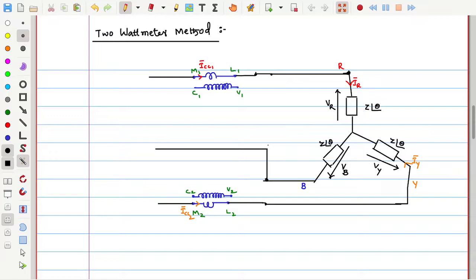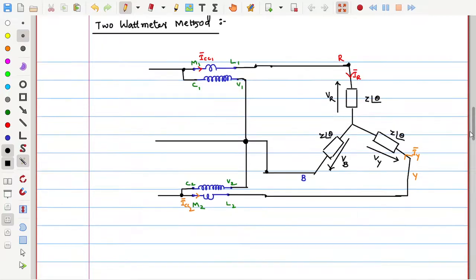So I'll connect C1 to the M1, V1 to the left out phase. Which phase? B phase. In the same way, C2 to the Y phase and V2 to the left out phase, like this. So this is the 2 wattmeter method configuration.